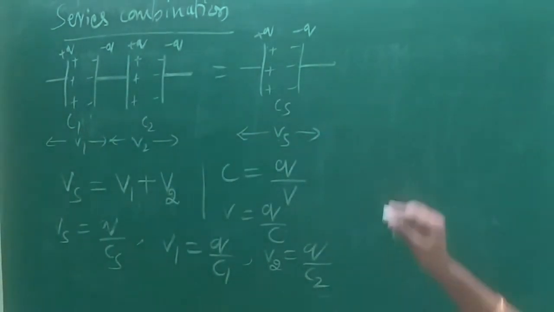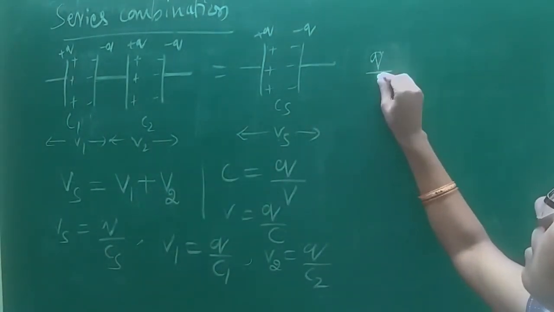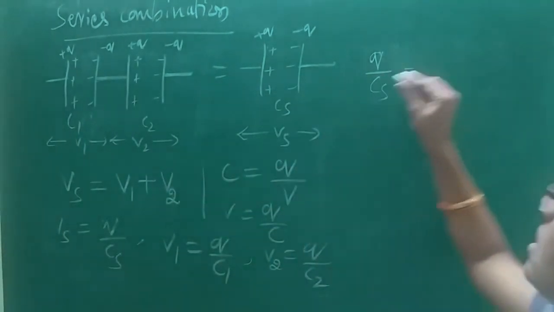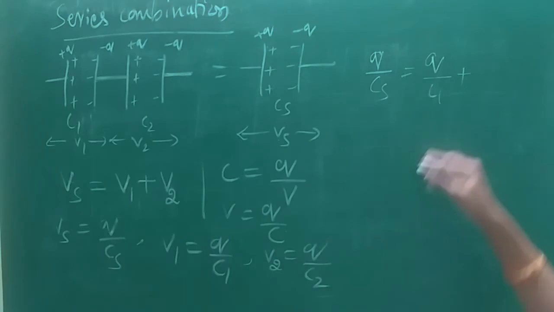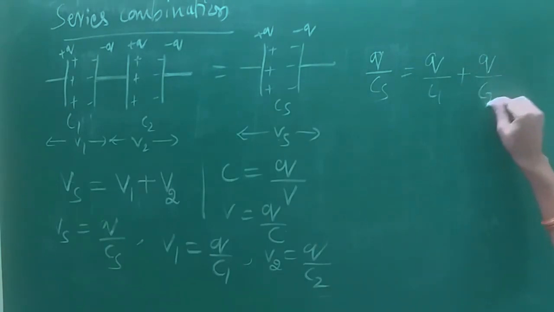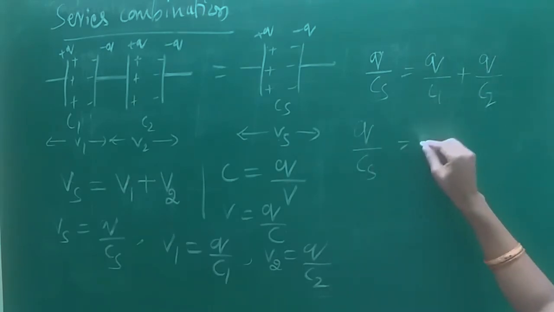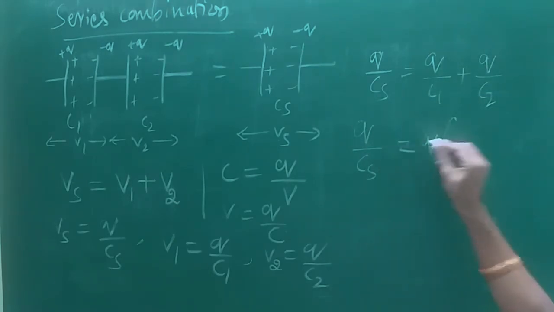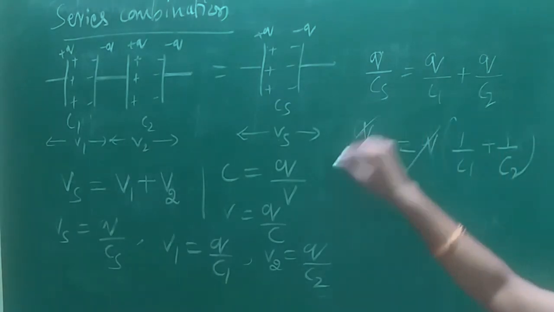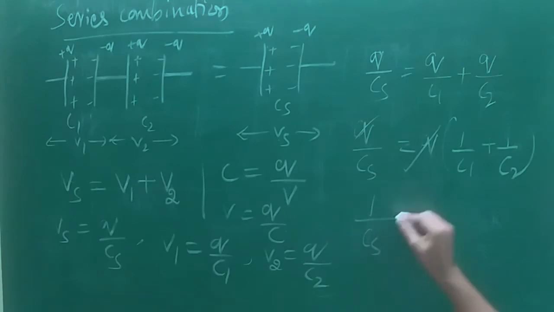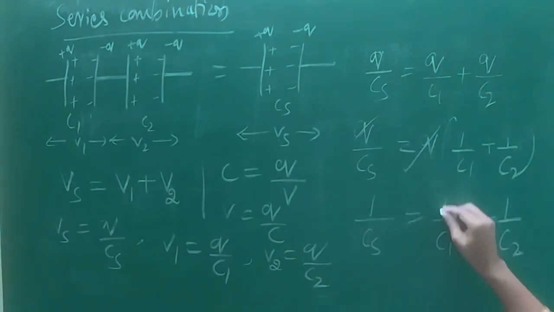So we get Vs, which means Q by Cs, is equal to V1, which means Q by C1, plus V2, which means Q by C2. Here I can take Q as common, then 1 by C1 plus 1 by C2. This Q and Q get cancelled. Therefore 1 by Cs is equal to 1 by C1 plus 1 by C2.